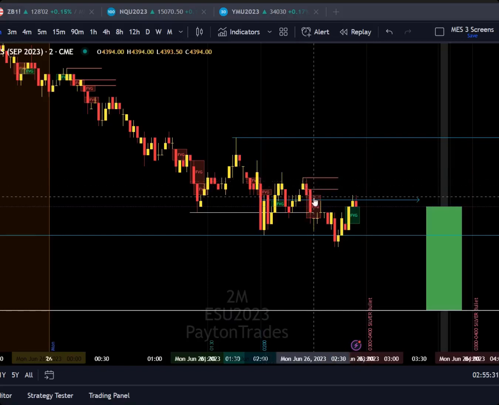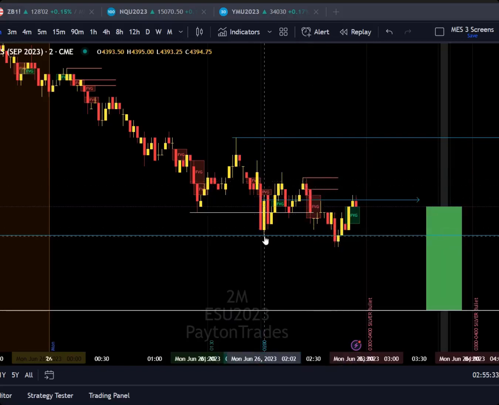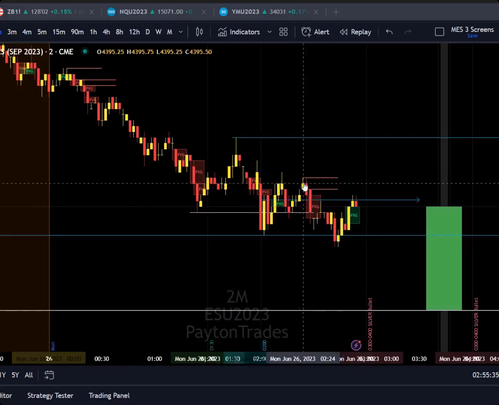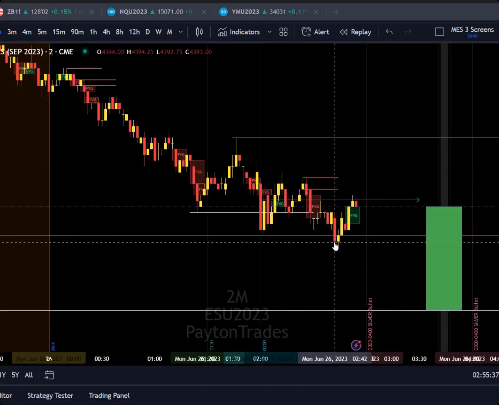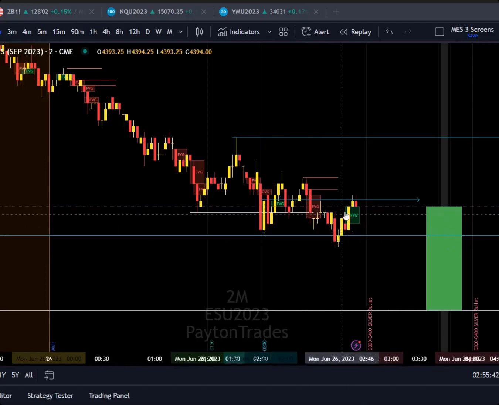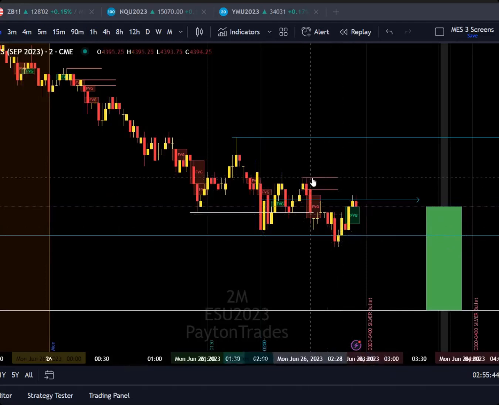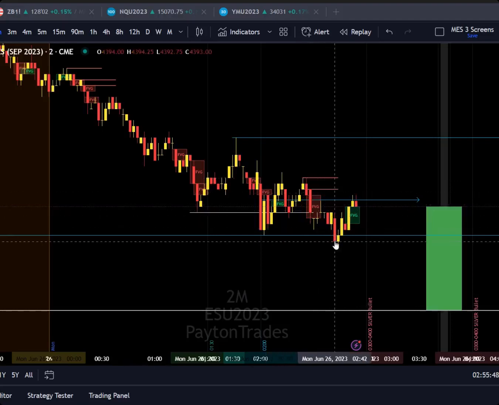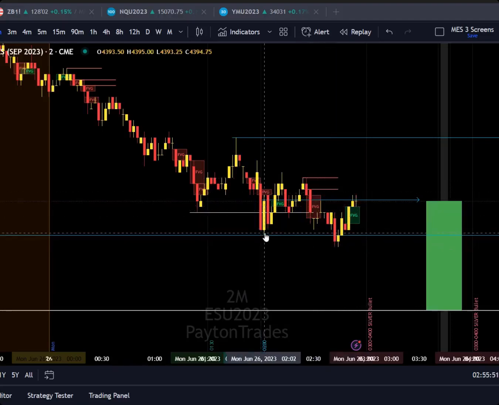Came back up, came down, and broke the old low. This is the price range that started this new break for the low. So it probably could just come as high as this one because this is the price range that started below that took out the most recent low.